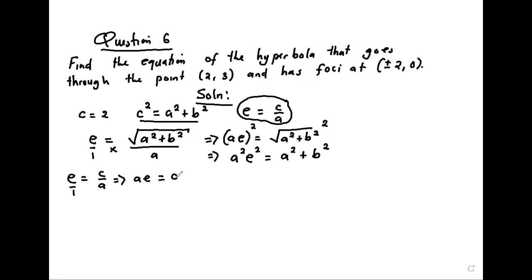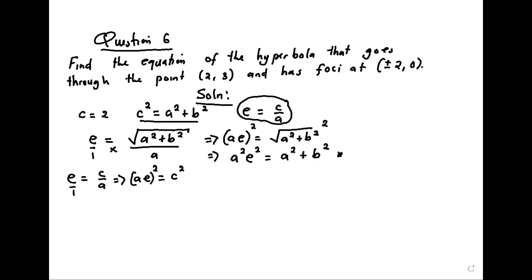Another way you could arrive at this is to square both sides. Then you have a squared e squared equal to c squared, which is what we have here.